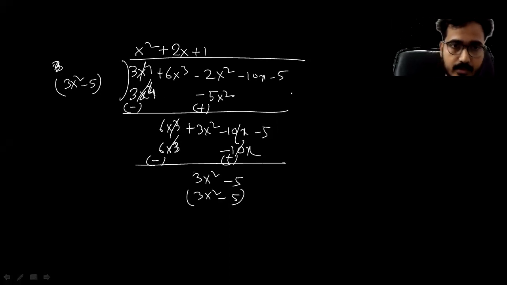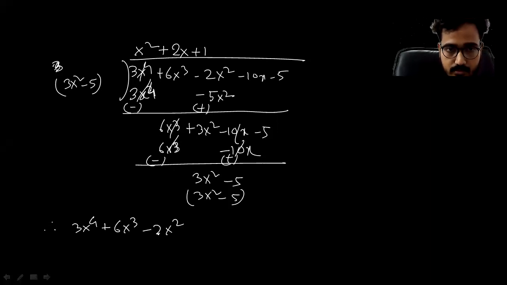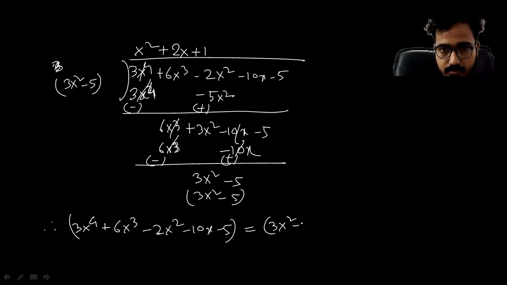Now see, we can write this term 3x to the power 4 plus 6x cube minus 2x square minus 10x minus 5 as (3x square minus 5) into (x square plus 2x plus 1). Now we already know that this will be one factor.